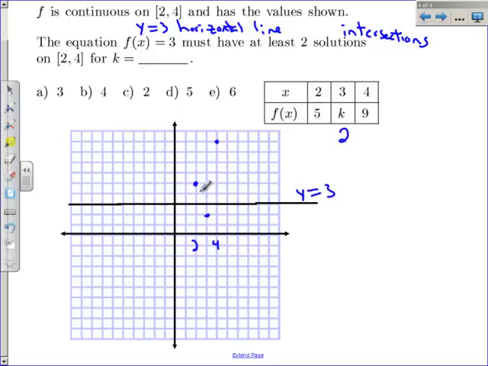Well, this definitely does. If it's continuous, I would have to cross the line to get here once, and then I would also have to cross the line again to get back up here. So there are 2 solutions on 2 to 4. There's 2 solutions for where that graph crosses the line y equals 3.